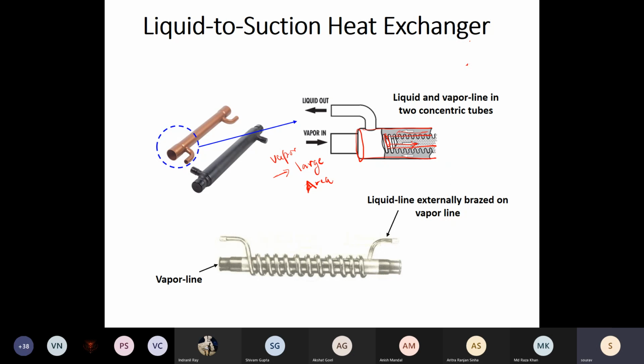This is done to minimize the pressure drop in order to make this flow happen. Vapor has lower density, and hence for the same mass flow rate and same length and diameter of the tube, vapor flow will lead to larger pressure drop.